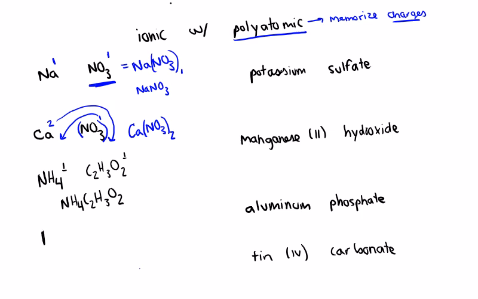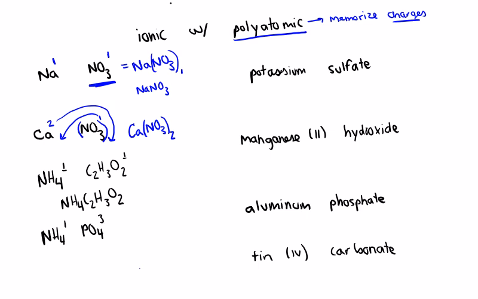Okay, what if I have ammonium with, let's do, trying to think of different, sulfate, phosphate, carbonate. Let's just do phosphate. NH4 and PO4 with a charge of 3.